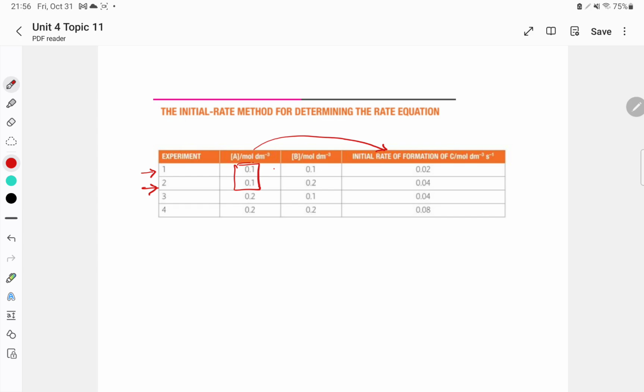So here we can study the relation of the concentration of B with the rate of reaction. It was 0.1, so it was 0.02. If I multiply by 2, the rate will also be multiplied by 2, so it becomes 0.04. That means this is also a direct relation. So rate is directly proportional to the concentration of B.